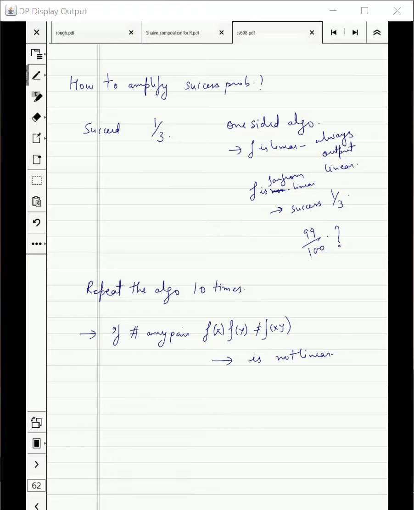You can check as many pairs as you like. f(x) times f(y) will always be equal to f(x+y), right? I will say that my algo will say that f is linear. Okay. Now, what is the probability that it outputs linear if the function was far from linear?